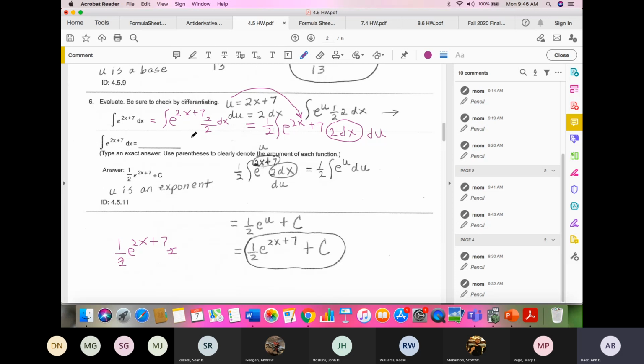So we've done one of each type, where u is a base, a denominator, or an exponent. So it's important that you understand you could get one of any of those types. You'll have one from this section now, and it will be one that appears in this document.